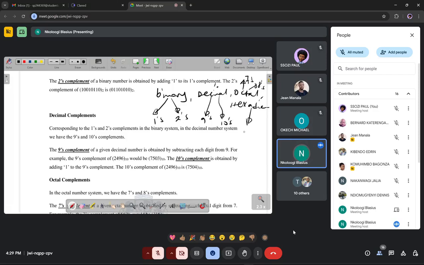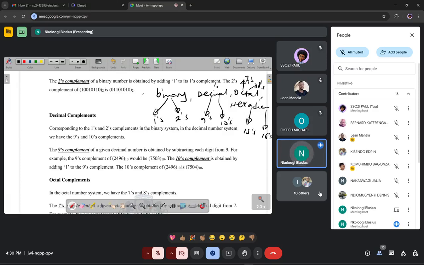Base 16, which is hexadecimal, will have 14's complement and 15 — no, not 14's. It is 15's complement and 16's complement. Okay, sorry about this. So we have to look at all these complements and see how they are actually computed.